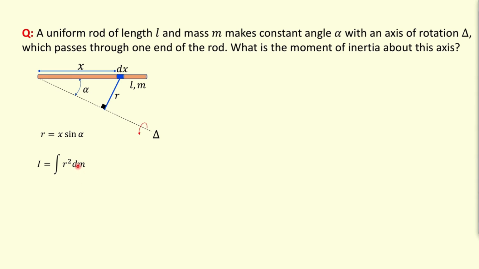So, what is dm? dm is the mass of this element, and it can be found by linear mass density times dx, and lambda here as a linear mass density can be found by the ratio of m to L. So if we substitute lambda in dm, we get this equation, and we need r and dm to find moment of inertia.